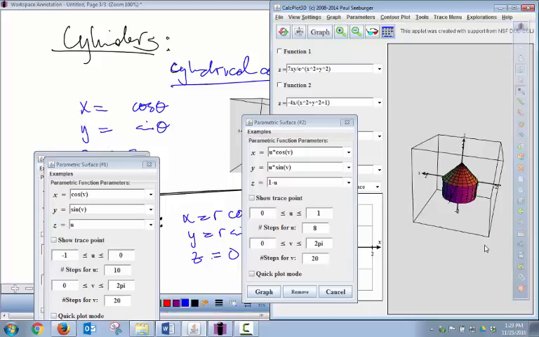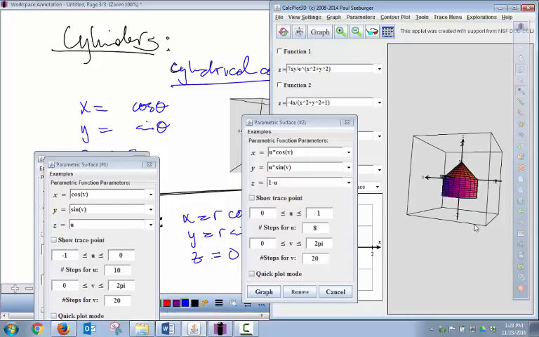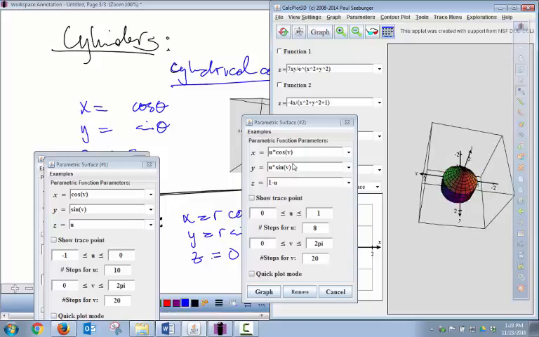Now I have a rocket. Okay. To make my rocket longer. I don't know how it's going to go up.